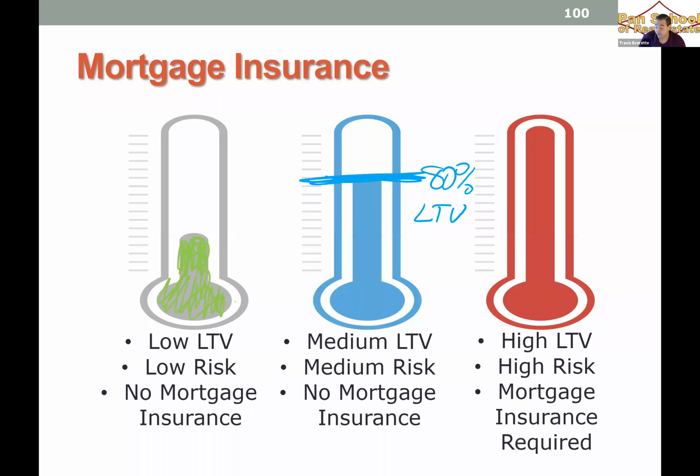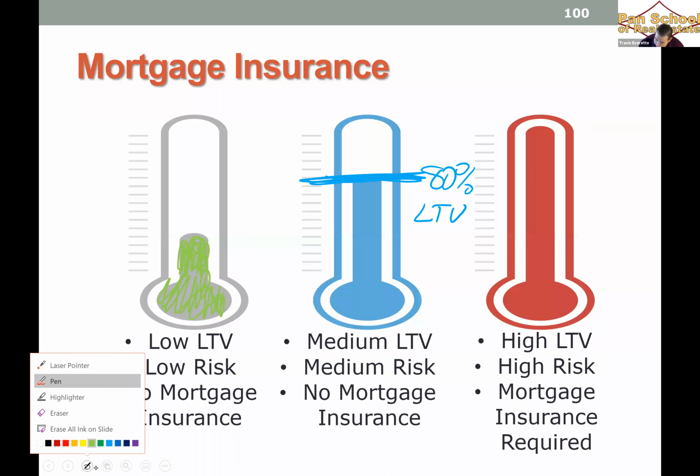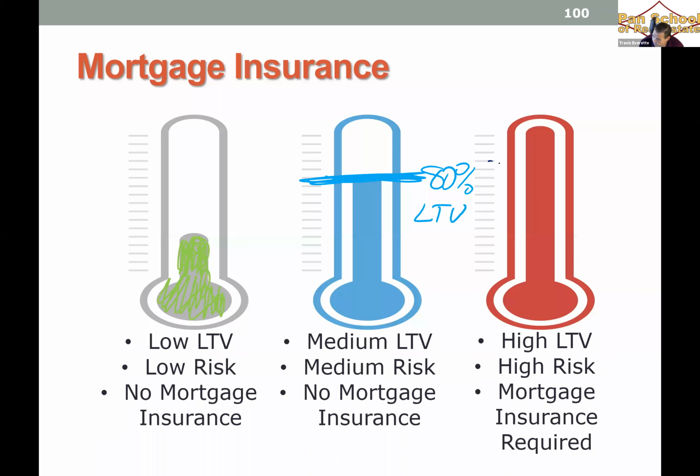And as a matter of fact, they're not worried about the blue amount of the loan either. That 80% loan to value, they feel comfortable they can get their money back. But once you get above 80% loan to value, up here, they are sweating. They're worried that if you defaulted and they had to foreclose, they might not get all their money. Is everybody with me on this so far?